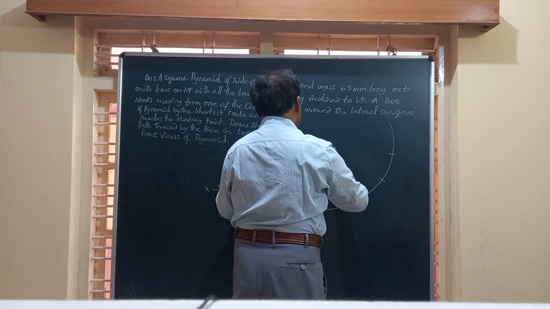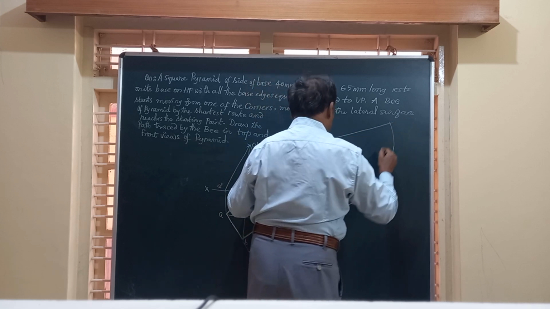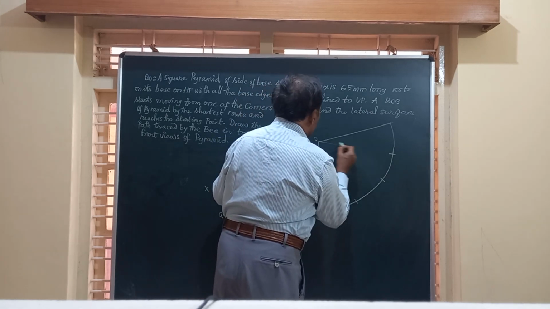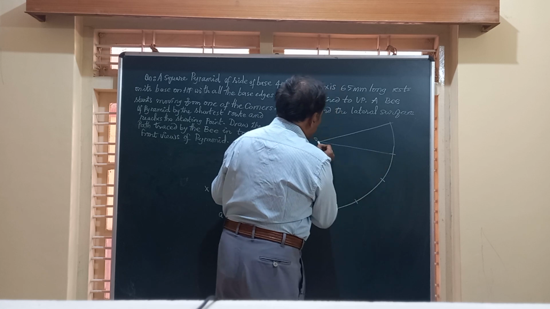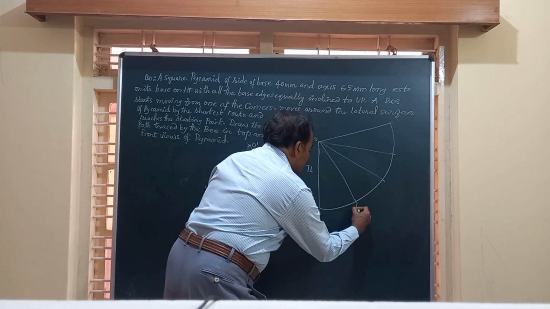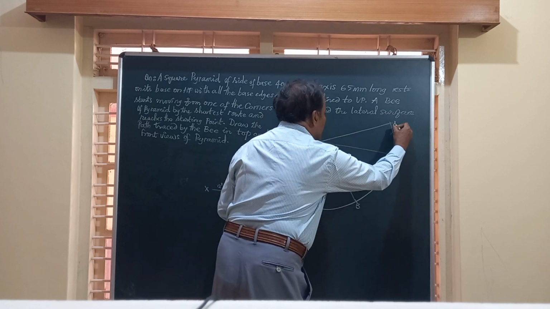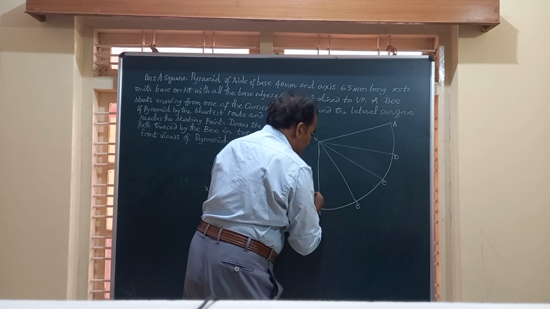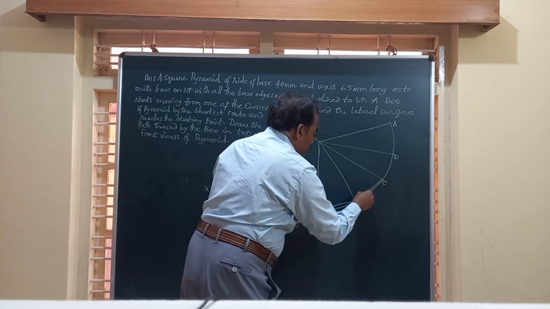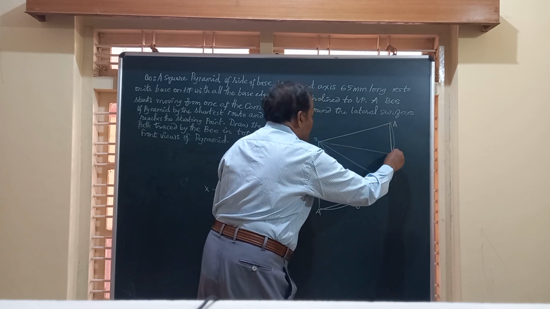So we will join this O to the last point here, and join this O to all these base corners, and we can number them as A, B, C, D, and A. Since it is a square pyramid, you have to join these base edges AB, BC, CD, and DA.